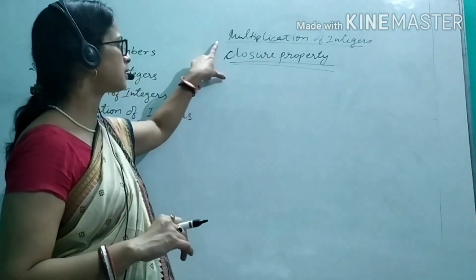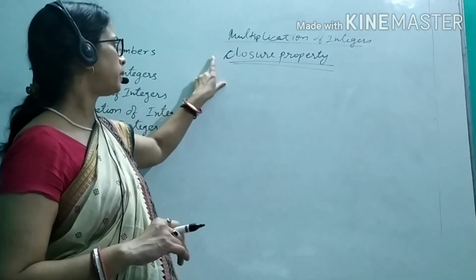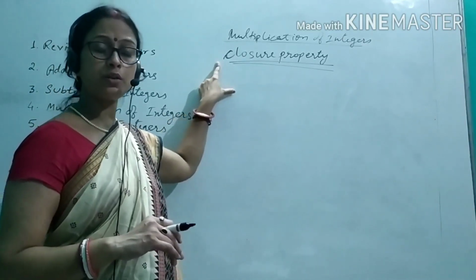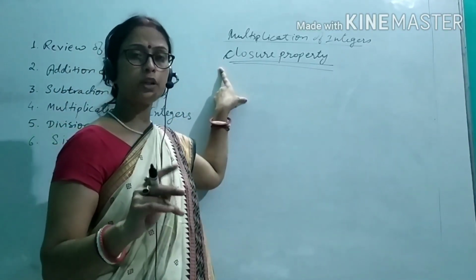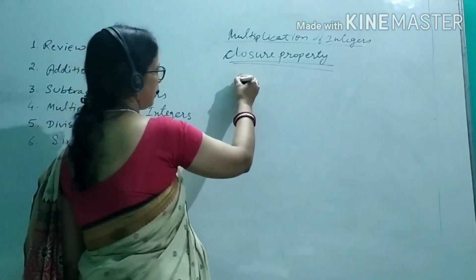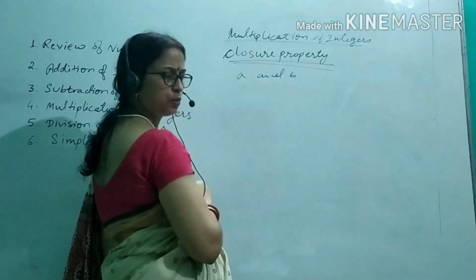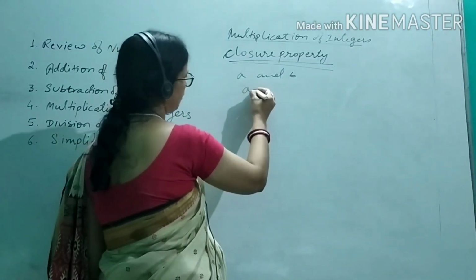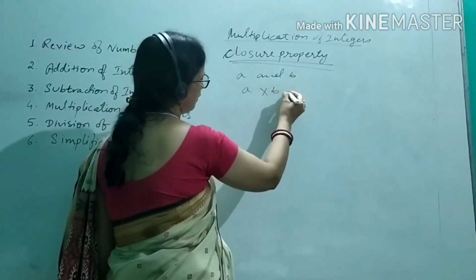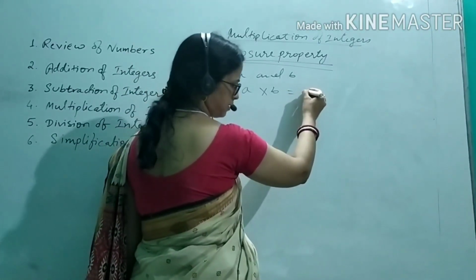Now children, discussing the multiplication of integers. First property is closure property. According to this property, the product of two integers is always an integer. For example, a and b are two integers. If we multiply a and b, then we always get an integer as the result.